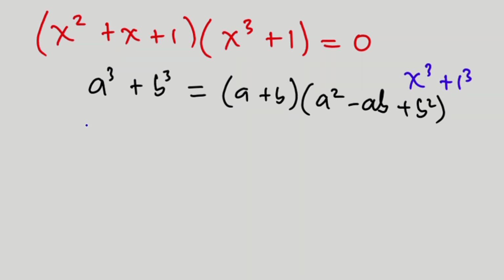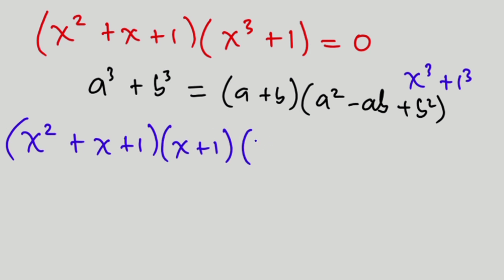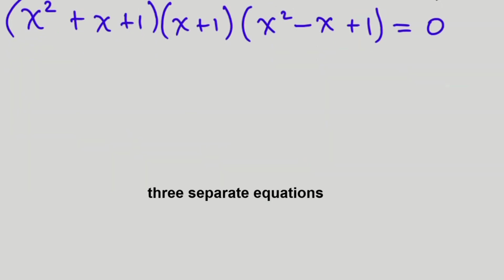And if we do that, I'm going to write this one first. We're going to have x squared plus x plus 1. Then this one, we're going to have x plus 1, then times x squared minus x plus 1. And this is equal to 0. And now we can have three separate equations.